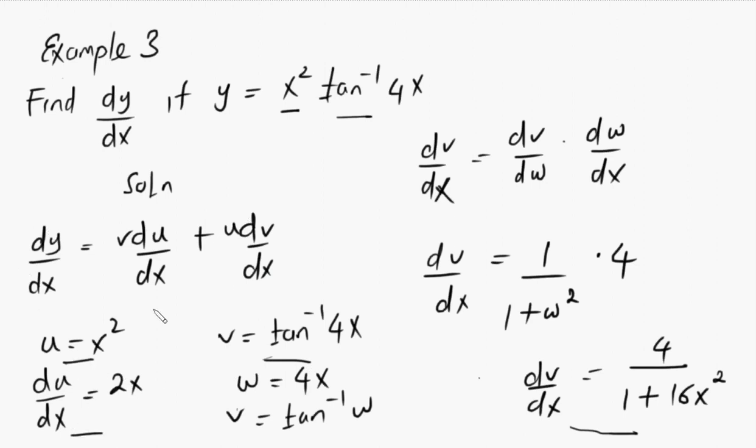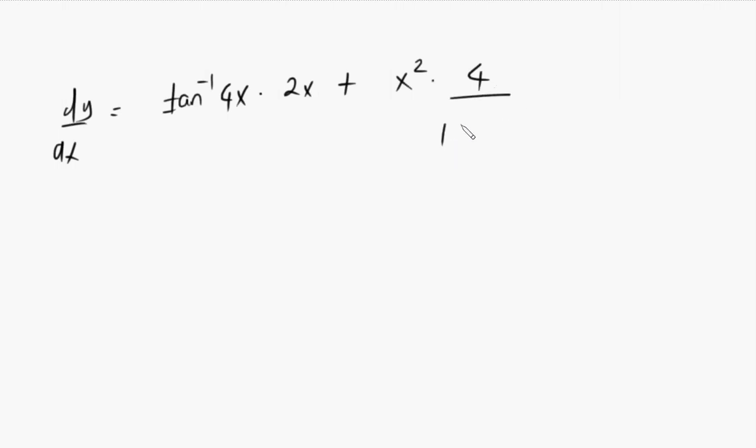So I can now use the product rule. So my dy dx will just be equal to v, which is tan inverse of 4x, times du dx, which is 2x, plus u, which is x squared, times 4 over 1 plus 16x squared, which is dv dx now. So what do I get?